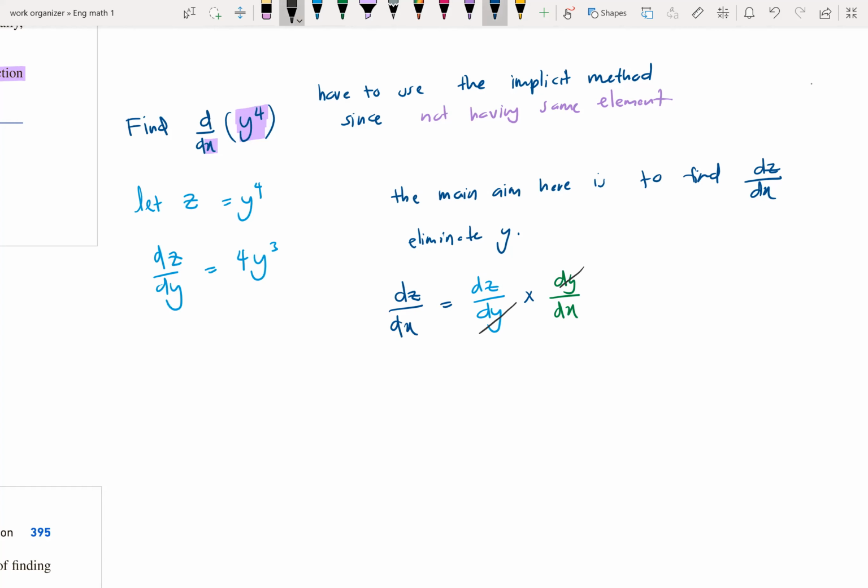So we have dz over dx. We have dz over dy, which is 4y to the power of 3, and then just write down dy over dx.